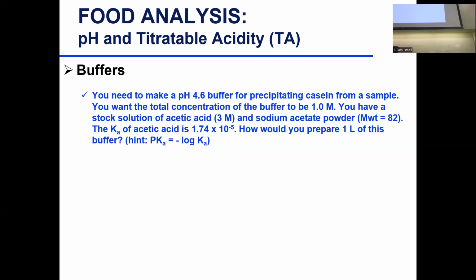Equals mass, which I need in grams, over the molecular weight. What's the molecular weight? 82. What's the unit? Grams per mole. Thank you. It's very, very good. You need to know your unit so that you know what cancels out. We're measuring grams. So mole here and mole here cancel.